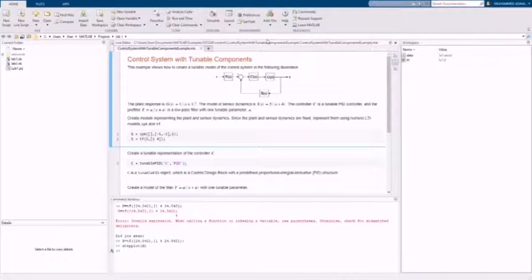Okay, the second part is to prove the peak time, to get the value from the graph, which is peak time, rise time, and settling time. So from this, good. We go to peak response, settling time, and rise time.